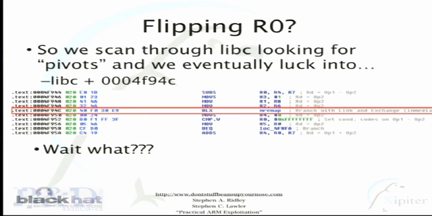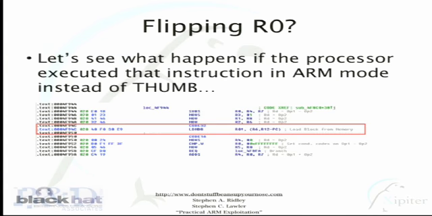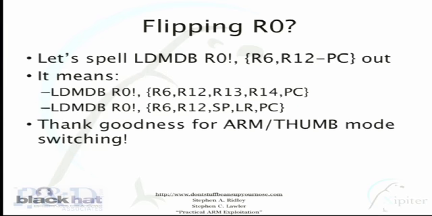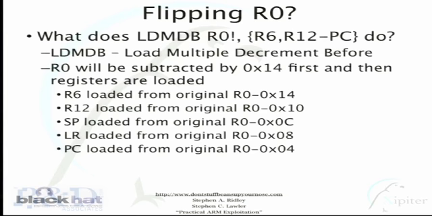This is an example. We're looking at it as a memory map, but if we decide that it was ARM code instead, as the next slide shows, we're loading out of R0 into all of these totally awesome registers, like SP, LR and PC. So that's a pivot right there. You've gained control of SP and PC. Boom, you can ROP.